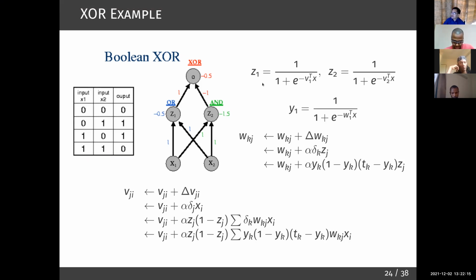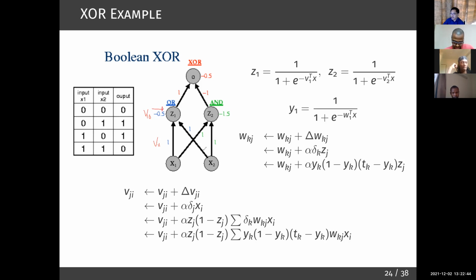Okay, that's our input, and our weights are called v. So here we have v10, here you have v11, that is the weight where your output is z1.